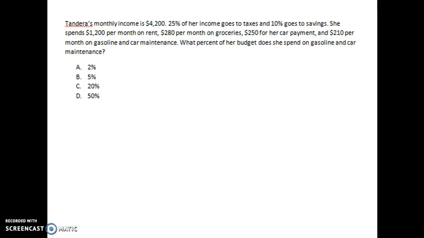So first, I'm going to try to organize this information. So I know her income is $4,200. And then over here, I'm going to put her expenses. And then I'll put an amount or percent, whichever one they give us. So our first expense, it says 25% goes to taxes.